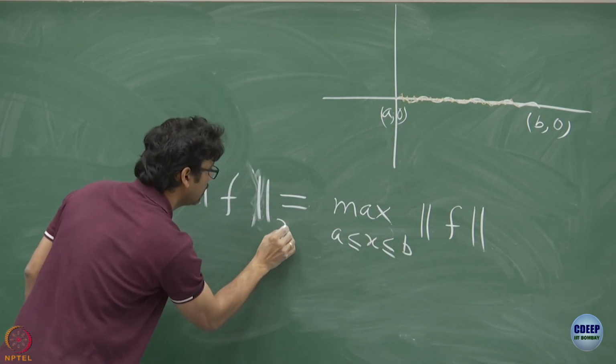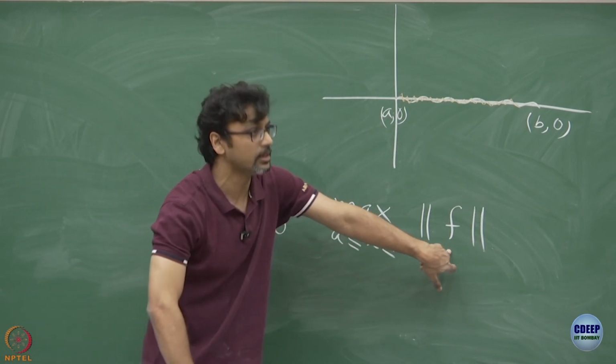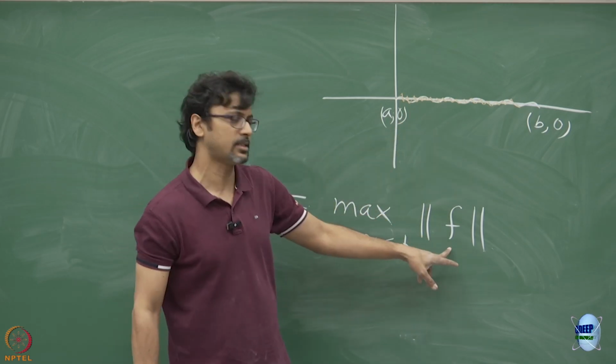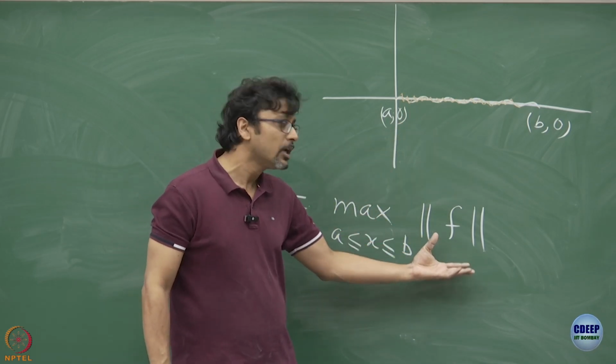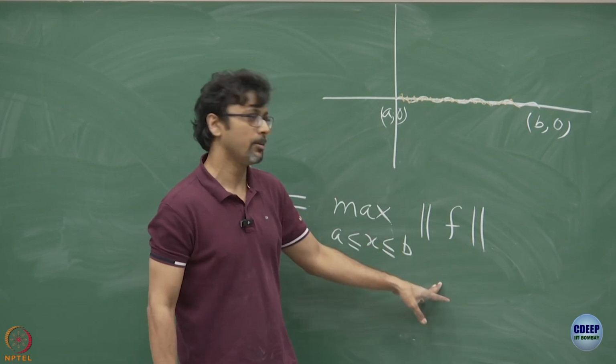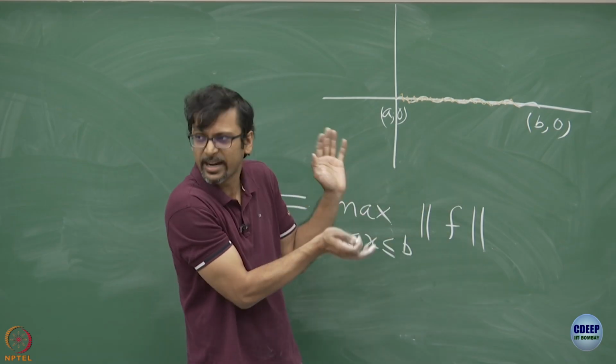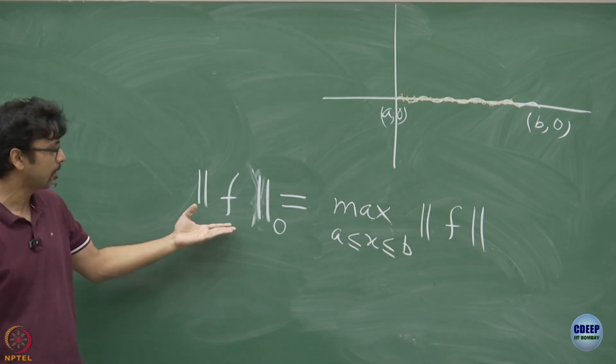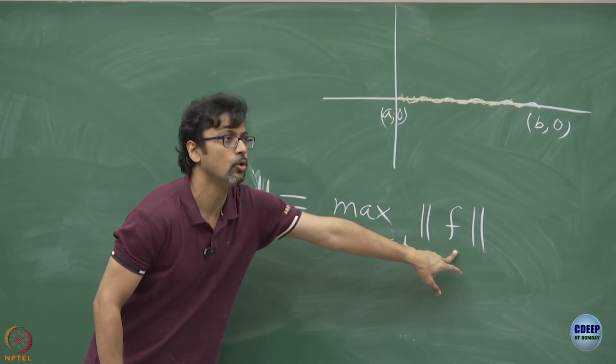So this is the so called 0 norm. This norm you of course understand, the usual norm. So this is a 1 tuple, so it is a standard absolute value. If this was a multi-valued function which spits out a vector, then this would be the Euclidean norm. So you define something in terms of something that you already know.